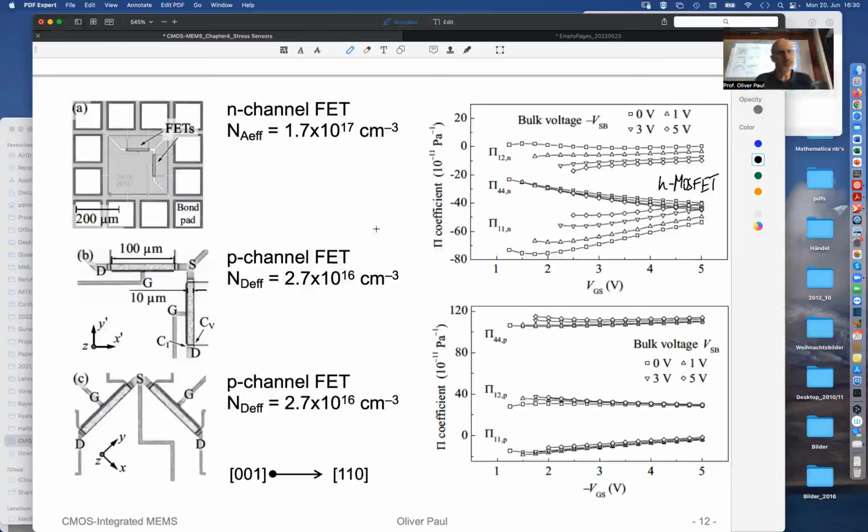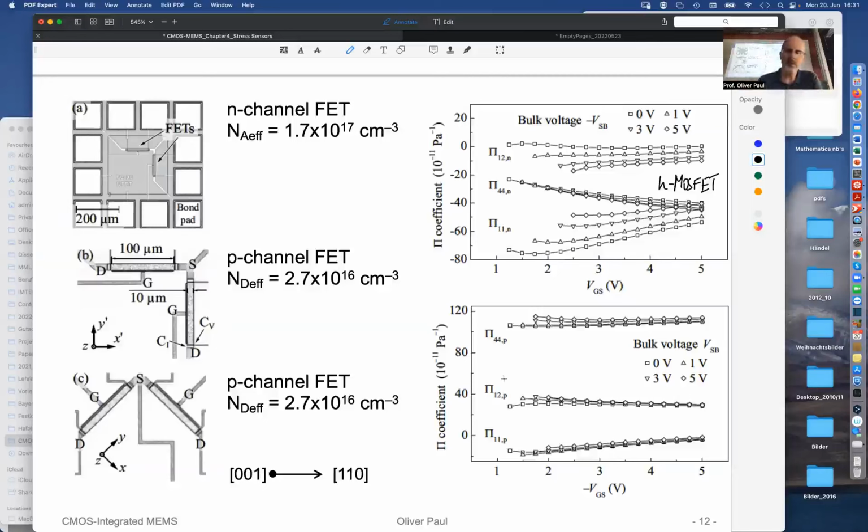So in order to design a real stress sensor based on field effect transistors, one has a few more parameters to respect. And so an intricate knowledge of the response of these sensors is important. But when you have that knowledge, it's easy to design a good sensor.